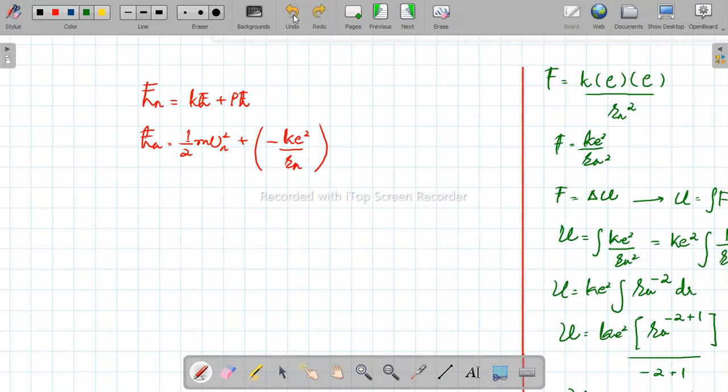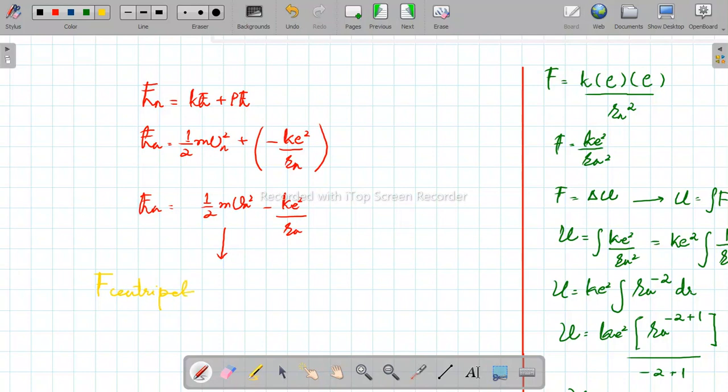is to simplify this expression and then rewrite this equation. We'll write En equals half mvn square minus ke square over rn. We can also rewrite this expression using the idea that when we consider the electron revolving around the nucleus in a specific orbit, then Coulomb's force plays the role of centripetal force.